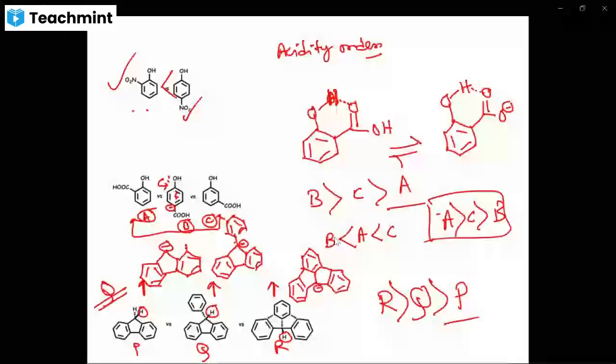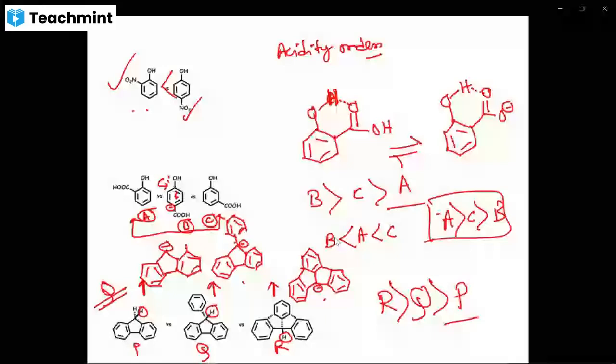Now, one thing I said previously: when you are talking about the stability of the conjugate base, you have to compare the stability of the conjugate base with its undissociated form. You don't have to compare between these three conjugate bases.